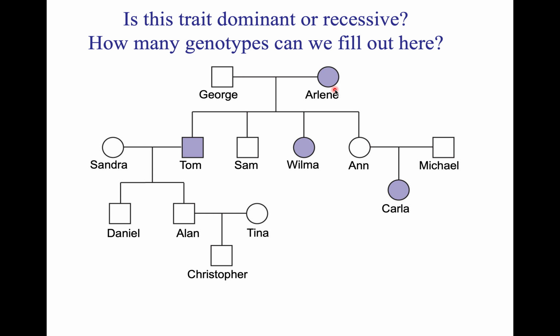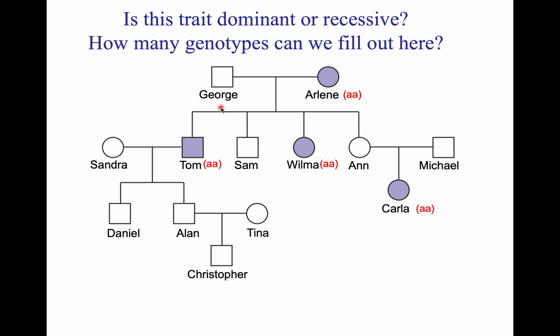And if it skips generations, that indicates a recessive trait. So that would mean if it's recessive, then everyone who's shaded in this family is going to be homozygous recessive. So those will be the easiest individuals to determine their genotypes.